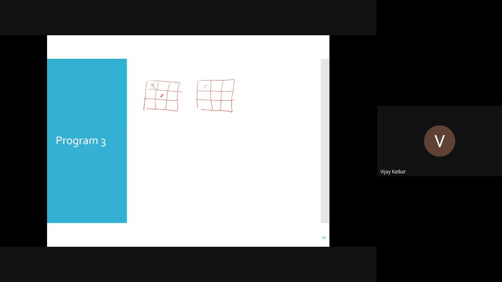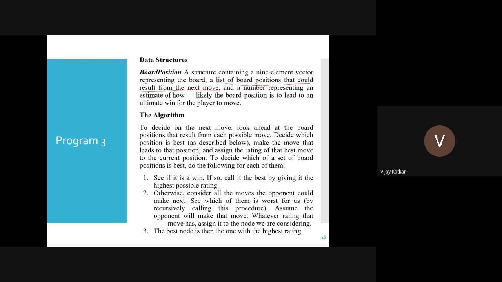With X and O, the next move can be X here, or the next move can be X here, and so on. So that's what they are saying: a list of possible moves that could result, and then you can represent them.